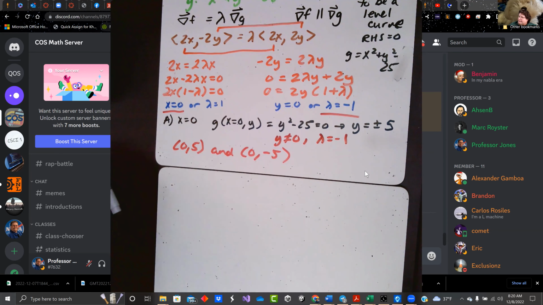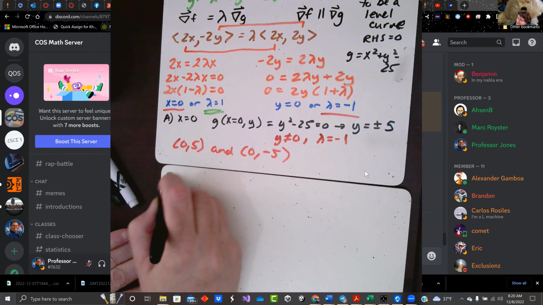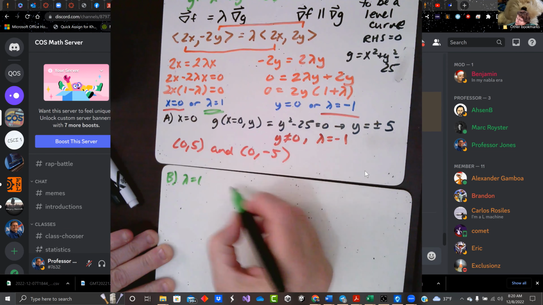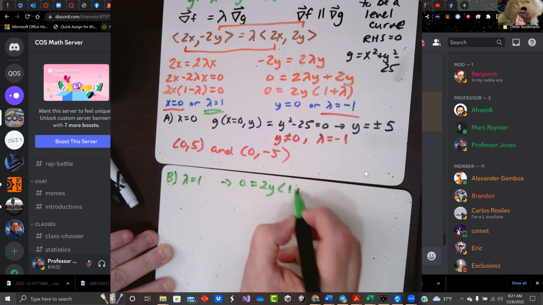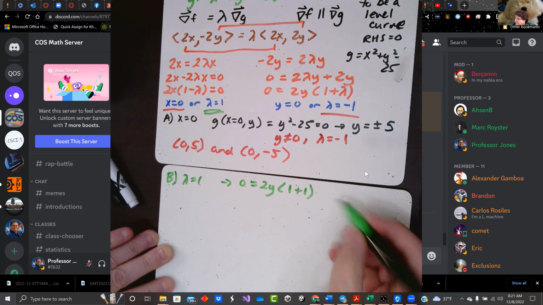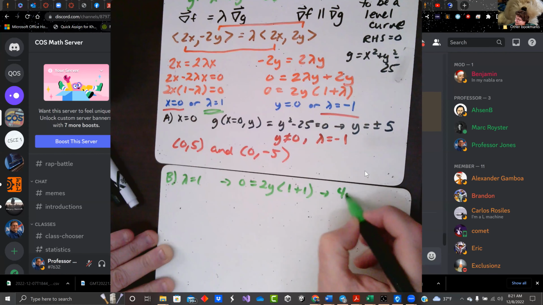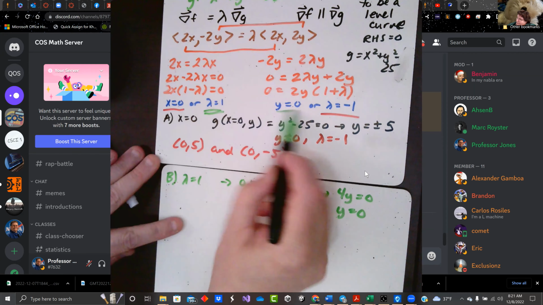Then we take a look at the lambda equals 1 case. Case B, if lambda equals 1, I can put that in the other equation, and I got 0 equals 2y times 1 plus 1. So I got 2 times 2, I got 4y equals 0. So y equals 0, that matches up with what we thought.